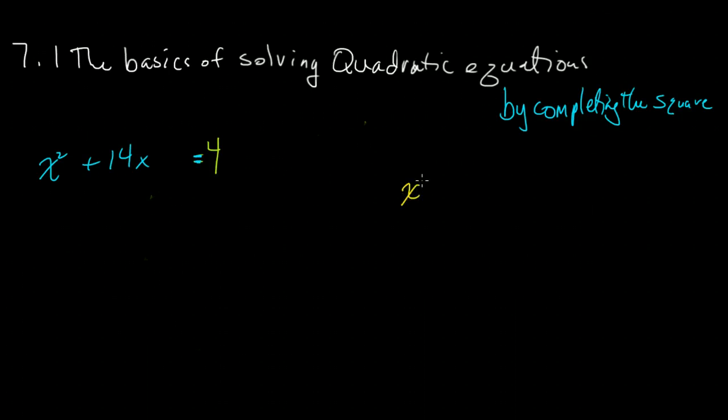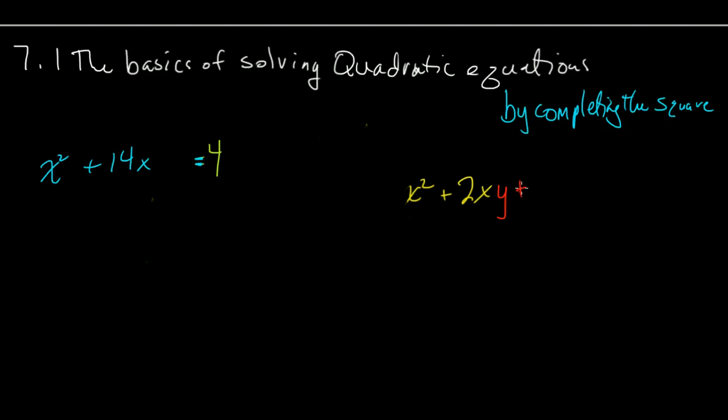If I had a polynomial that said x squared plus 2xy plus y squared, what I recognize here is that this is a perfect square trinomial. The first term is squared, the last term is squared.